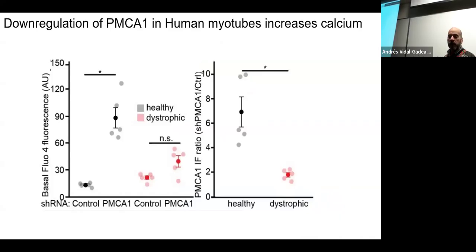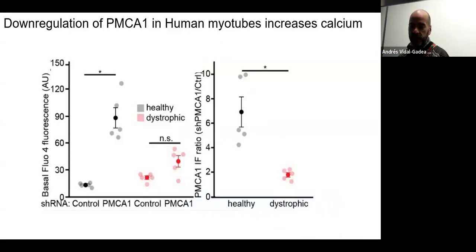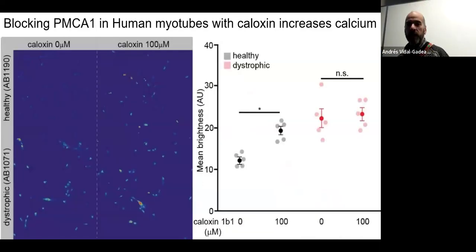Okay, so this is another quantification of that. I'm going to skip through. Now, we then use a blocker; before, we downregulated with RNAi, and we saw the same result. Now we use a blocker to block the pump. And again, we see that when we block the pump in dystrophic animals, there is not really a change.